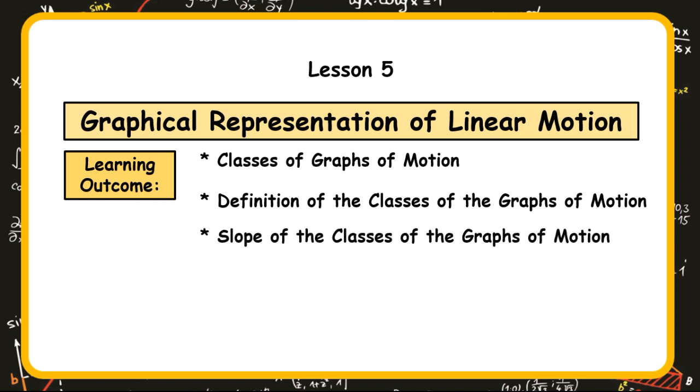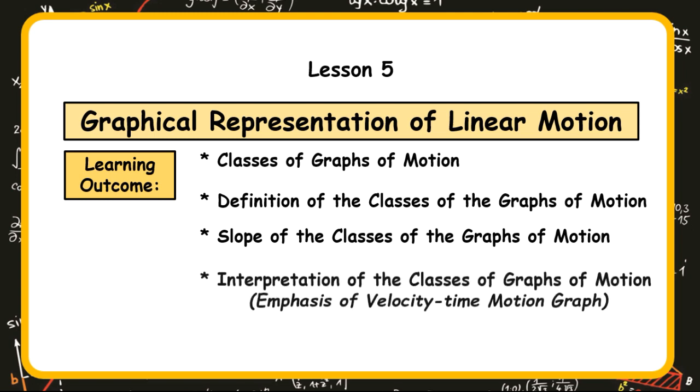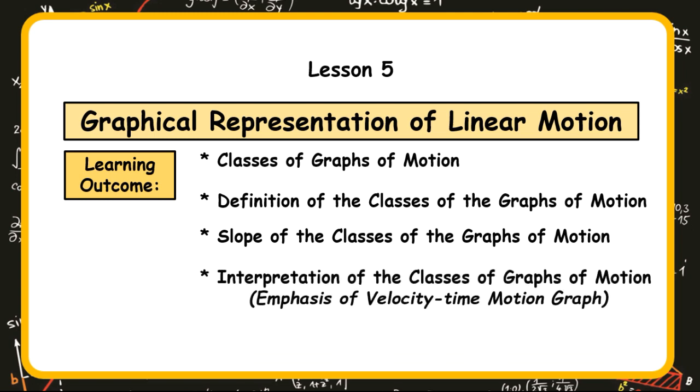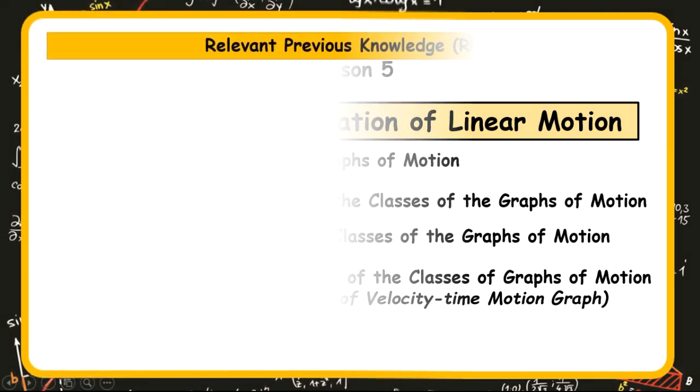We'll then also look at the slope that goes with each class of the graphs of motion. And finally, we'll make an interpretation of the graphs of motion, and special emphasis will be laid on the velocity time motion graphs. So that is the learning outcome.